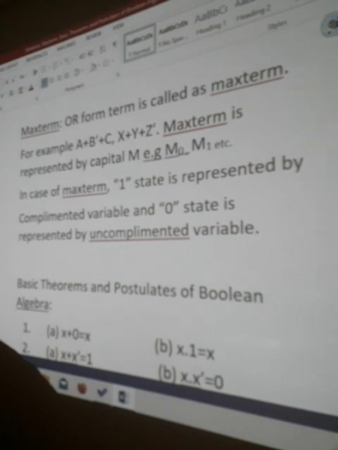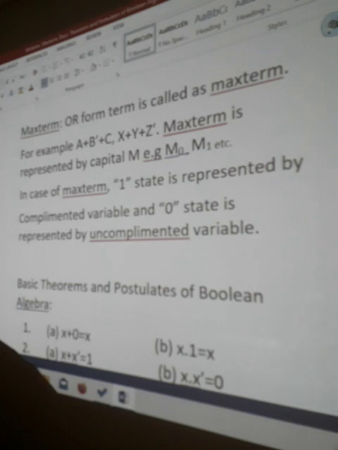A Maxterm is the OR form term, and it is represented by the capital M. A Maxterm may be a + b' + c, x + y + z'. Now, if we have one state, it is represented by the complemented variable, and if we have zero state, it is represented by the uncomplemented variable.